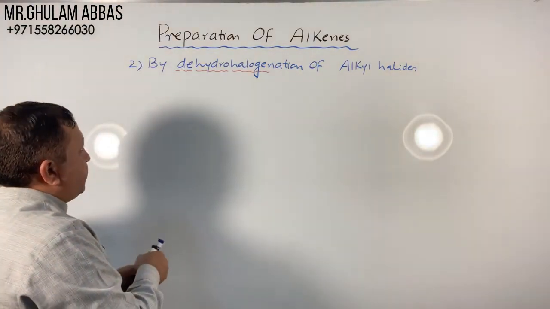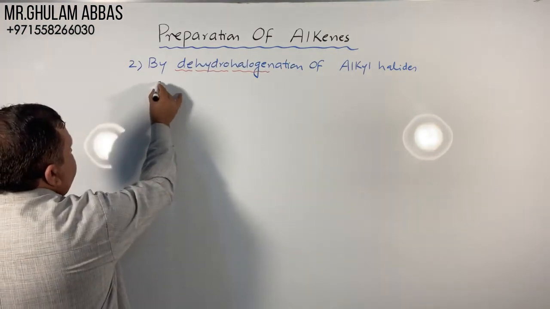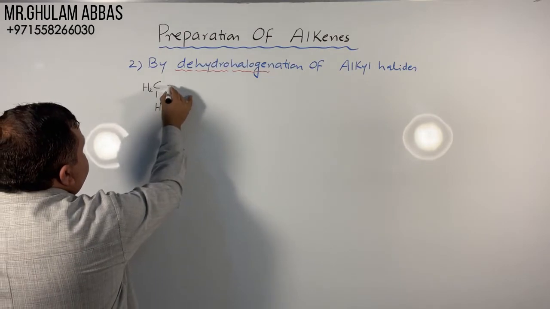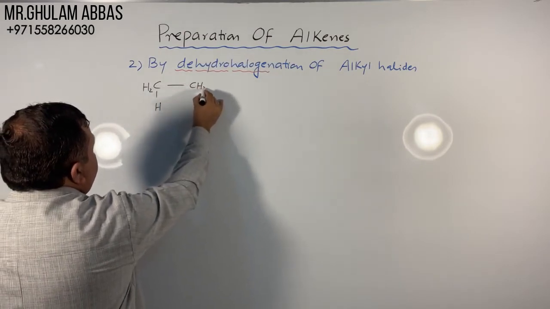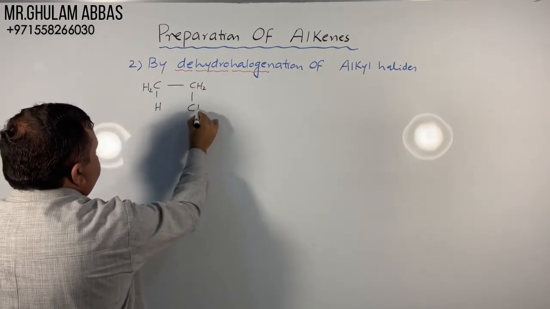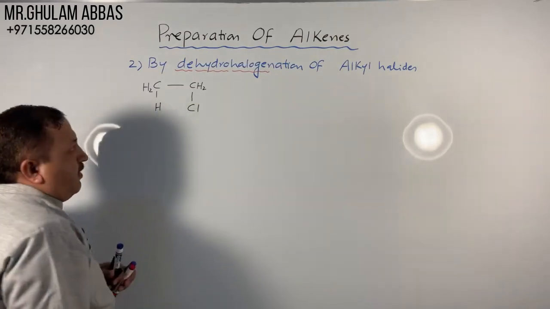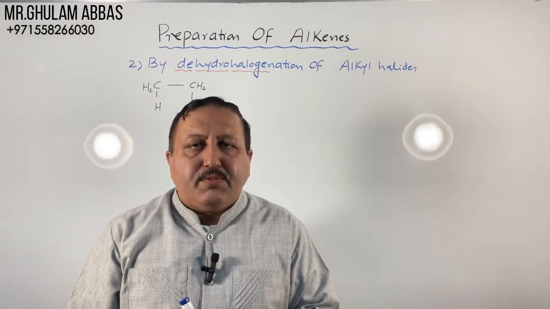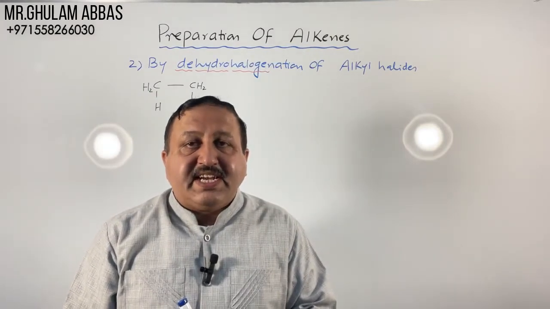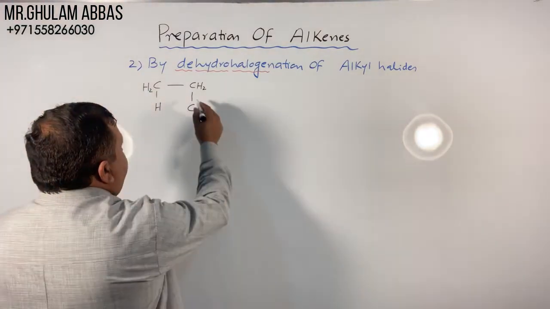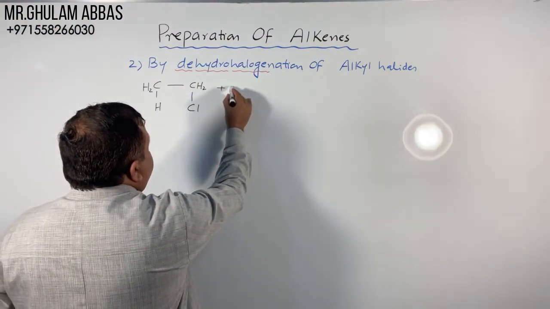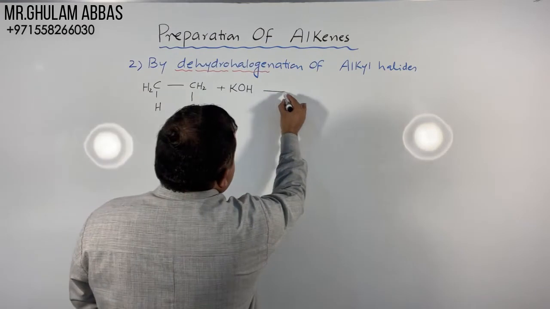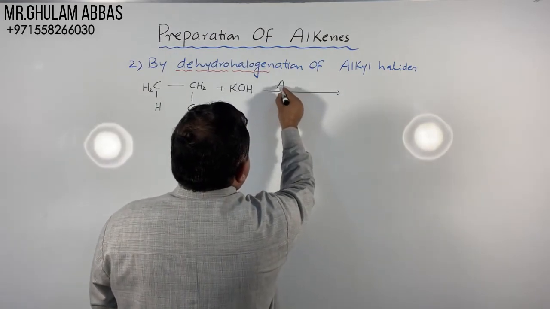I will take the example of the alkyl halide CH2H-CH2Cl. How can hydrogen and halogen atoms be removed? Which reagent is used? In order to remove hydrogen and halogen, we will add KOH in the presence of alcohol.